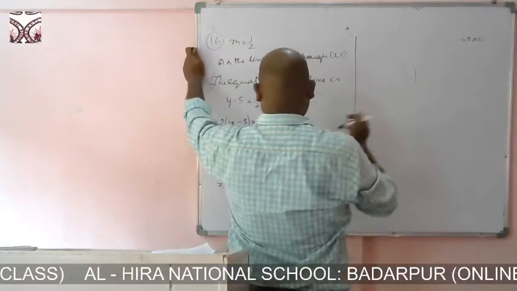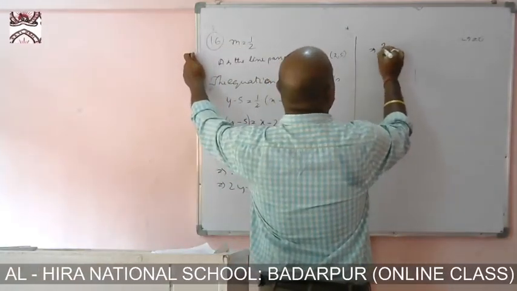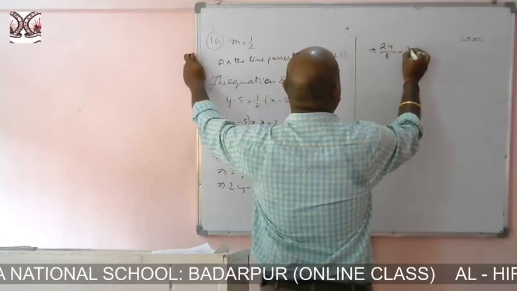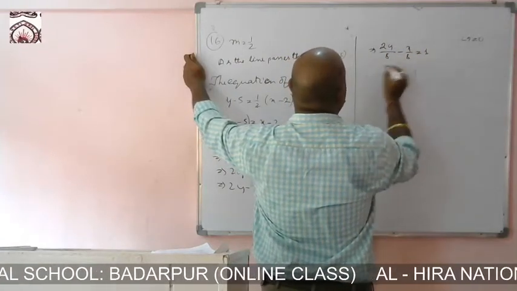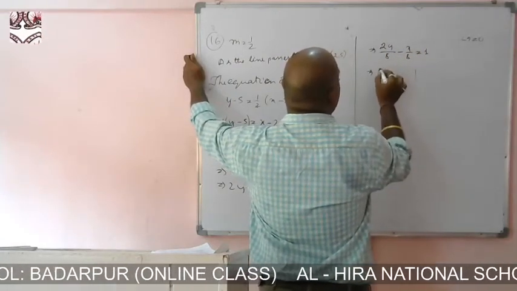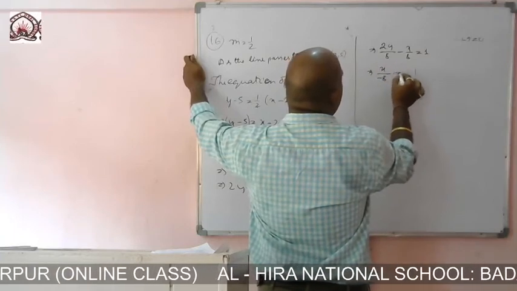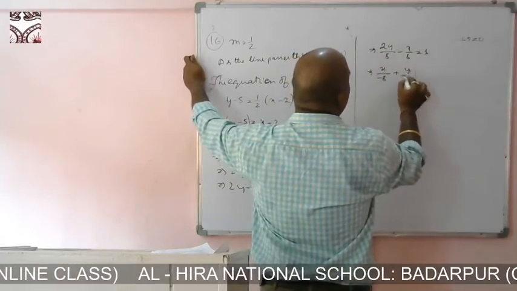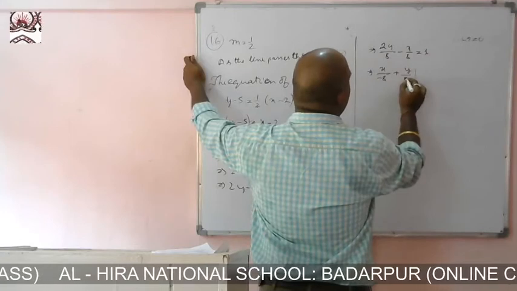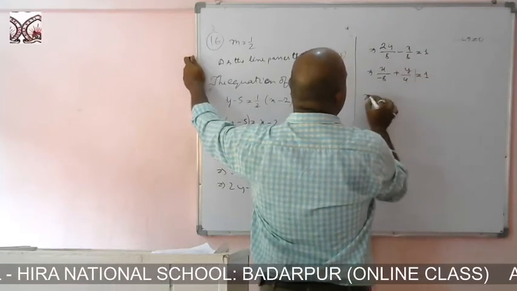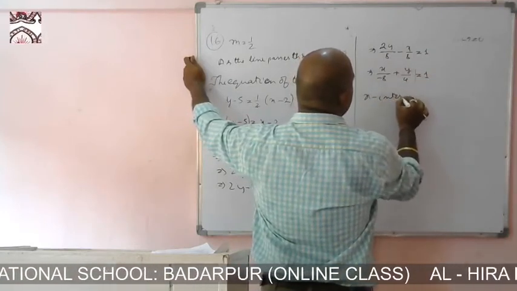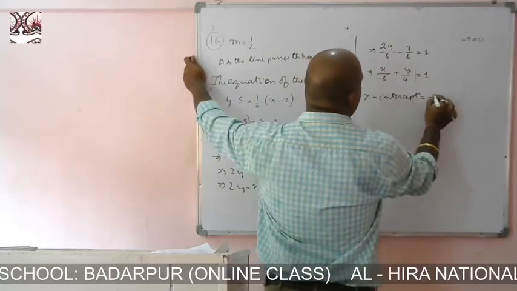Then twice y by 8 minus x by 8 equals 1. Then x by minus 8 plus y by 4 equals 1. The x intercept is equal to minus 8.